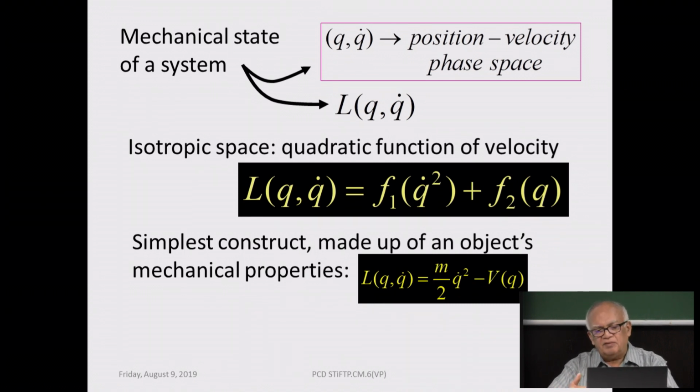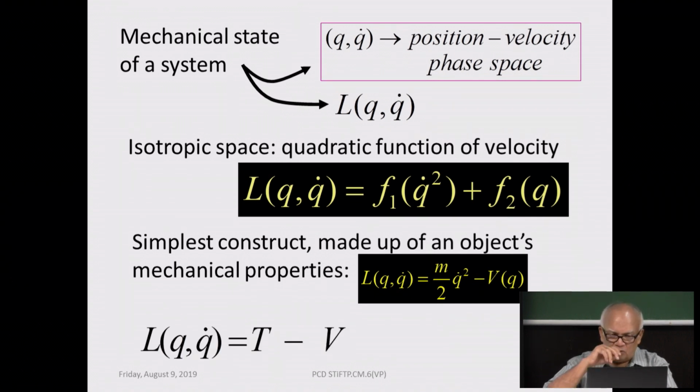Now this question will be answered a little bit later, but now we should be able to appreciate why you express it in terms of the kinetic energy and the potential energy. These are the straightforward functions of position and speed, and you prefer it to be a function of the square of the velocity rather than the velocity itself. So just keep that point in mind, and then we will see why these functions have to be this a little bit later in this course.